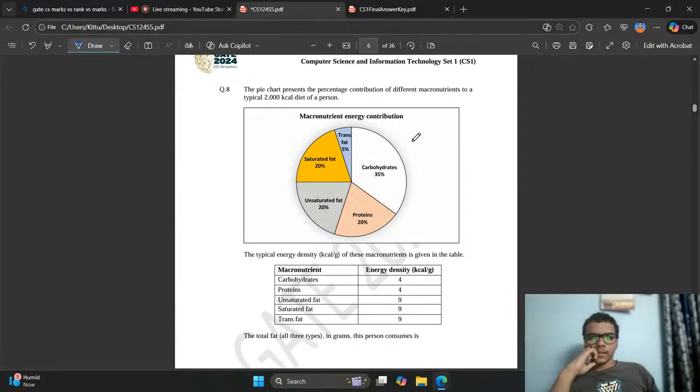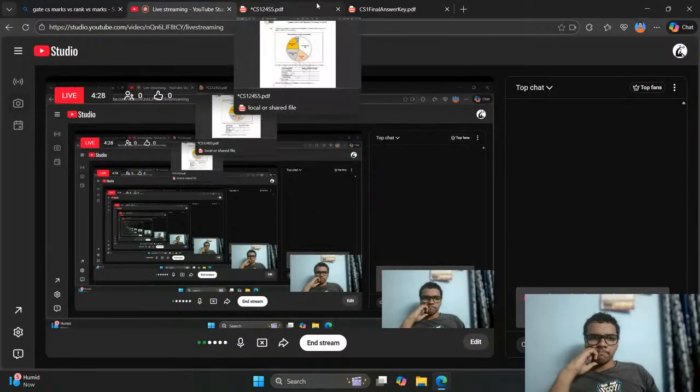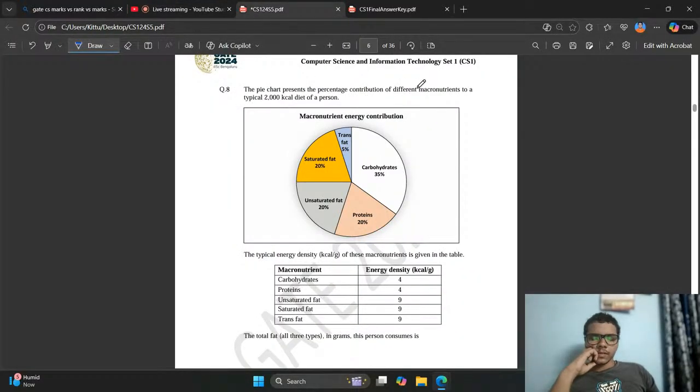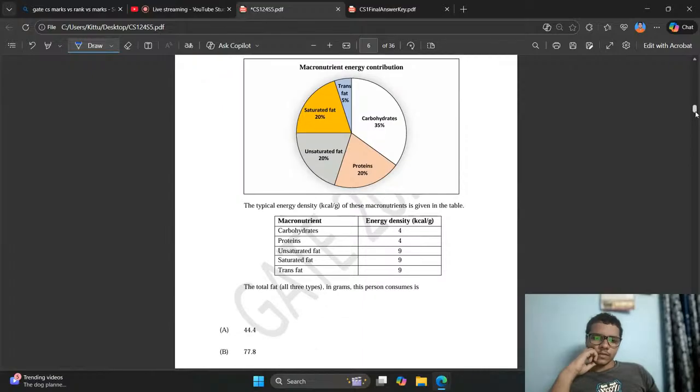The pie chart presents the percentage contribution of different macronutrients to a typical 2000 calorie diet of a person. The typical energy density is given. The grams the person consumes is.